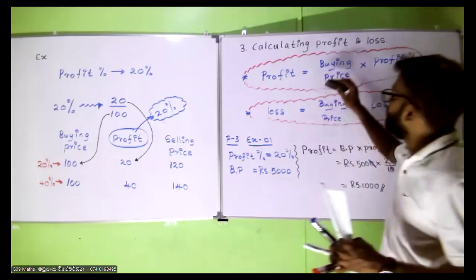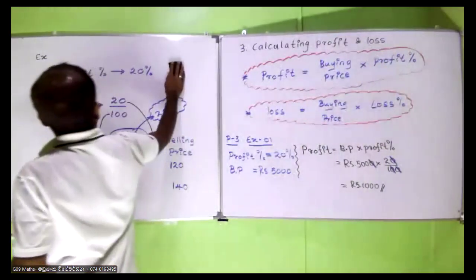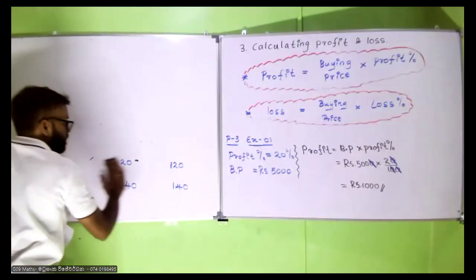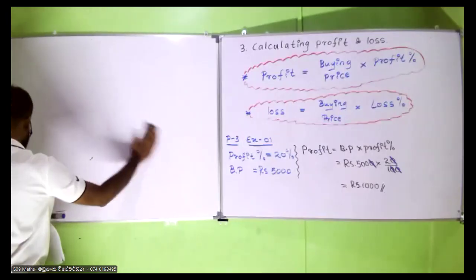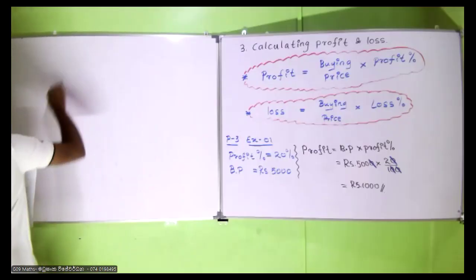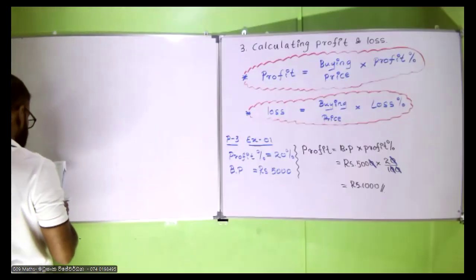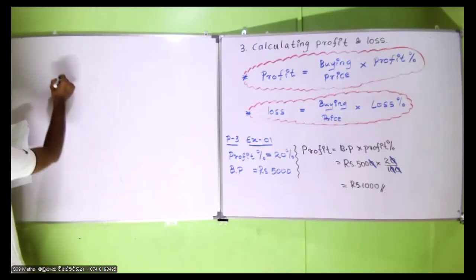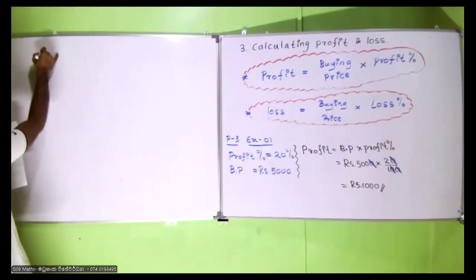So you know how to do this when you have been given the profit percentage. A vendor buys a cupboard, so the buying price has been given.